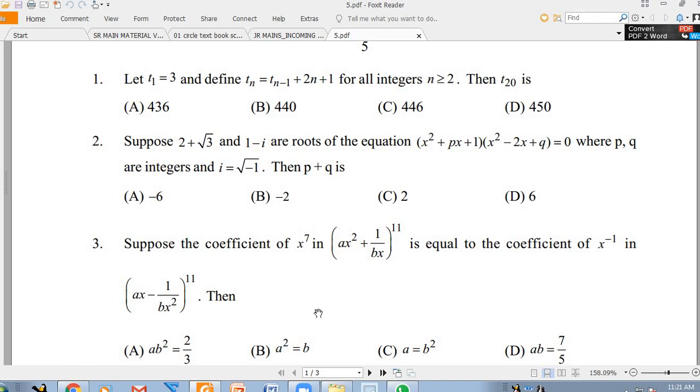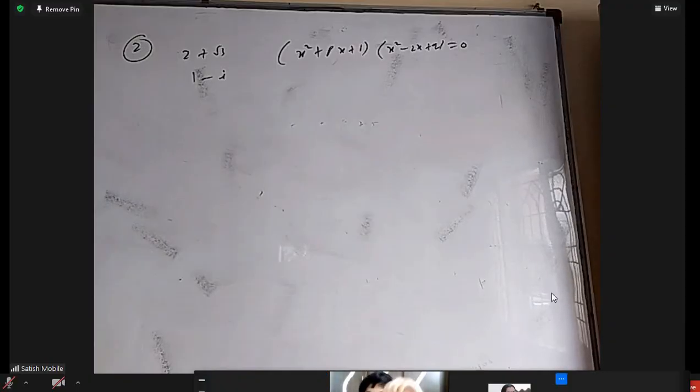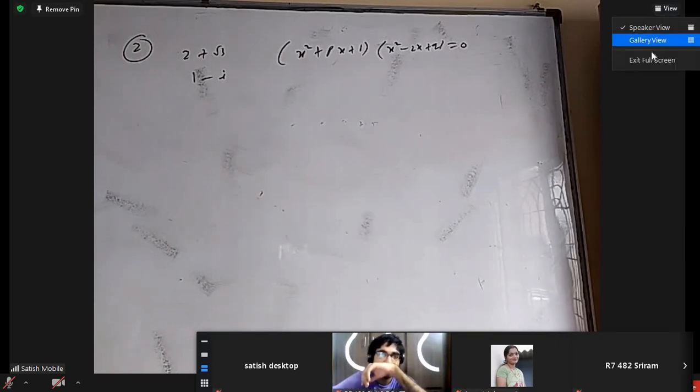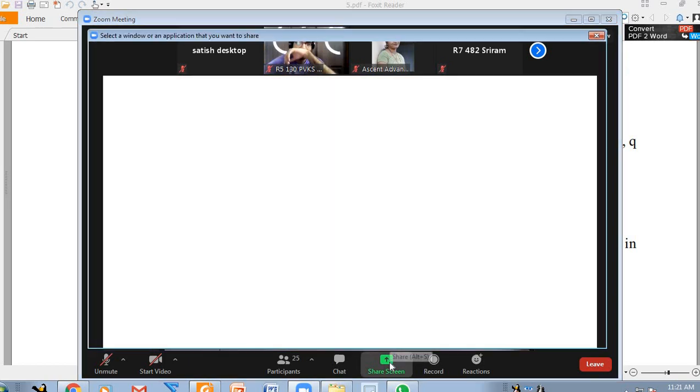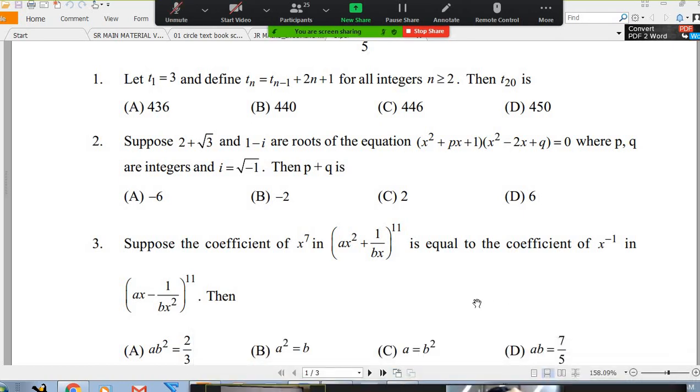I'll try to. Okay, so here it is given 2 plus root 3 and 1 minus i are the roots of x square plus px plus 1 into x square minus 2x plus q equal to 0, where p and q are integers.